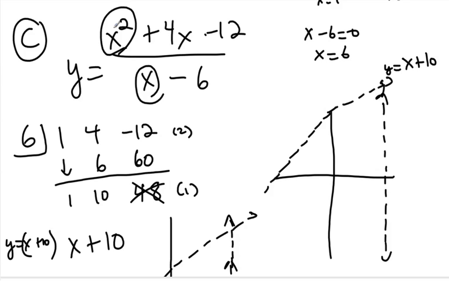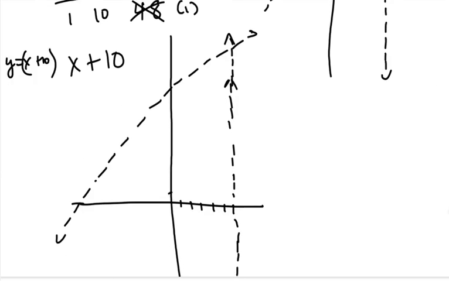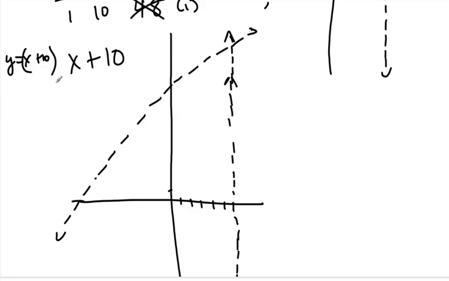So negative 11 squared, I'm going to put this on my calculator. Negative 11 squared plus minus 44, because 4 times 11 is 44, minus 12, divided by negative 5. That equals 13. So at negative 11, we have 13, and that's well above our coordinates.